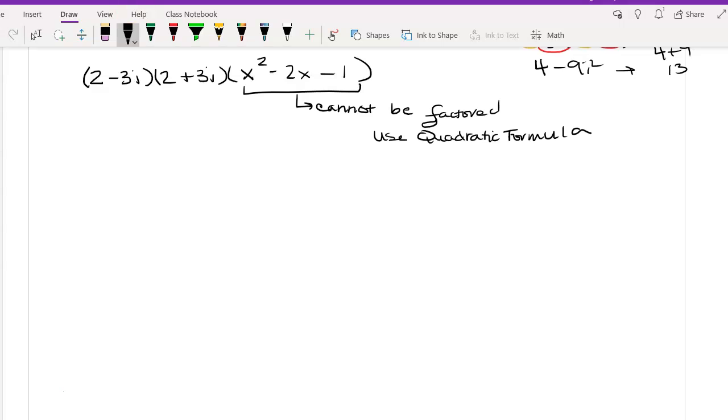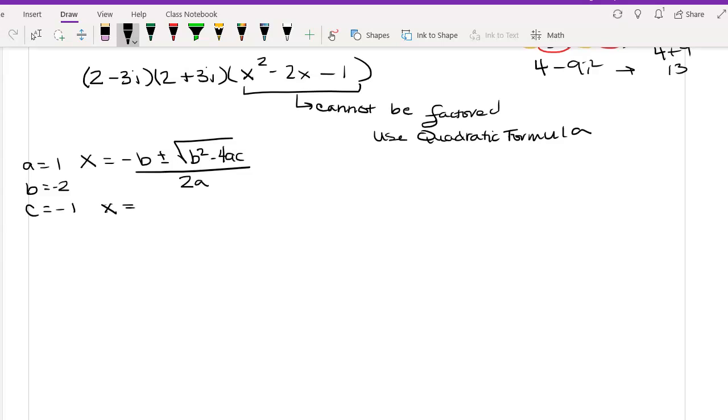If you recall, the quadratic formula says x equals negative b plus or minus the square root of b squared minus 4ac all over 2a. So in this case, a equals 1, b equals negative 2, and c equals negative 1. So you get x equals negative b, which is positive 2, plus or minus the square root of b squared, which is 2 squared, minus 4 times 1 times negative 1, all over 2 times 1.